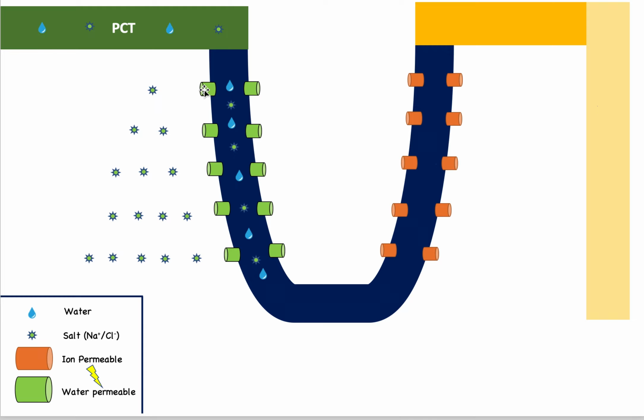Water will leave, right? Because water wants to even out concentration. If it's very concentrated outside, some water would want to leave to balance out the concentration, okay? So the lower you go, more water will leave, because this is so concentrated that you need a lot of water to leave to even out the concentration.